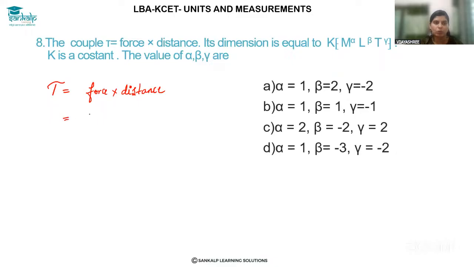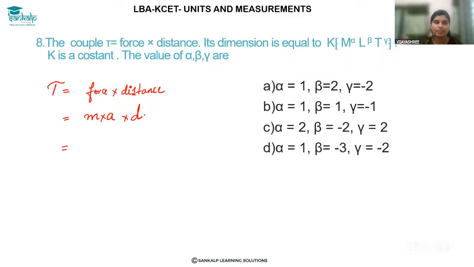Force means mass into acceleration. Let us keep distance as d. M is mass, A means acceleration, D means distance, right? So tau means torque, or we can say couple. Okay, torque or couple.